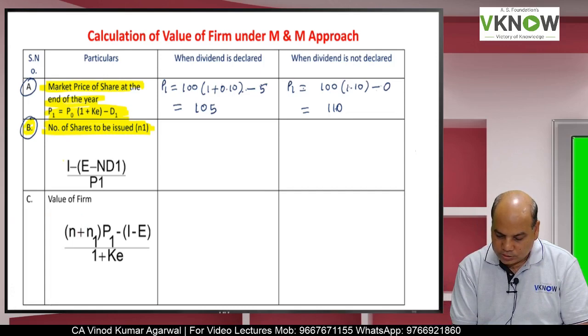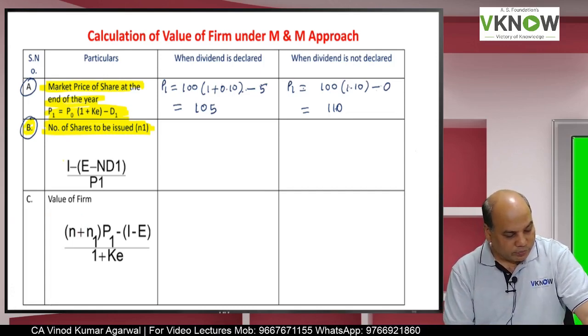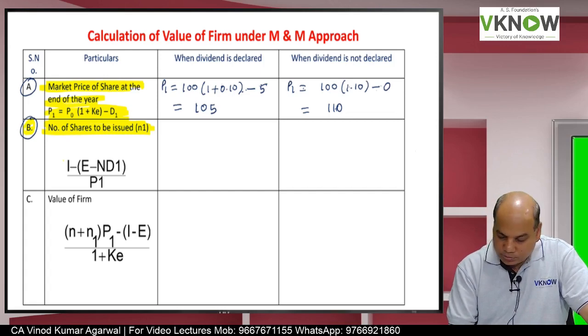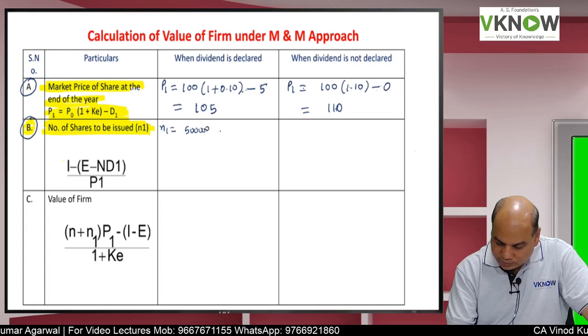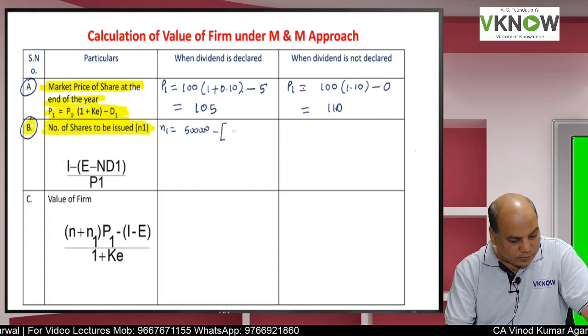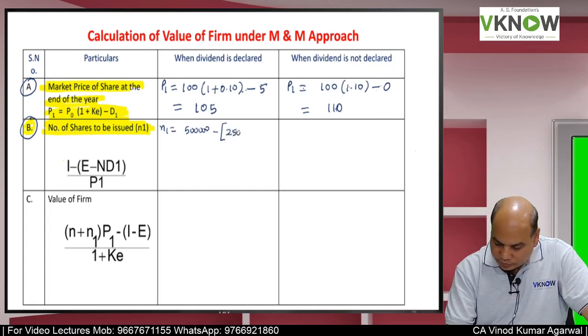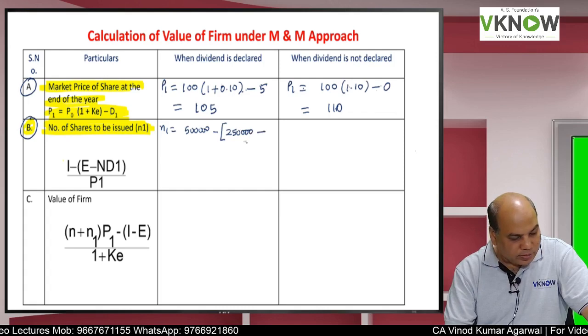So how to solve this? I means how much investment do they require? So they require 5 lakh rupees. So N1 is equal to 5 lakh, your investment target. In the bracket, earning is 2 lakh 50,000. And out of 2 lakh 50,000, how much dividend will be paid?